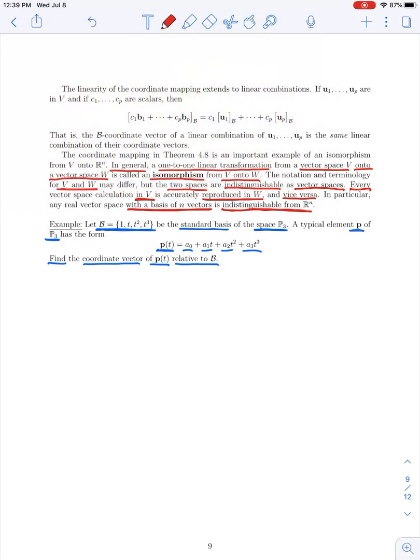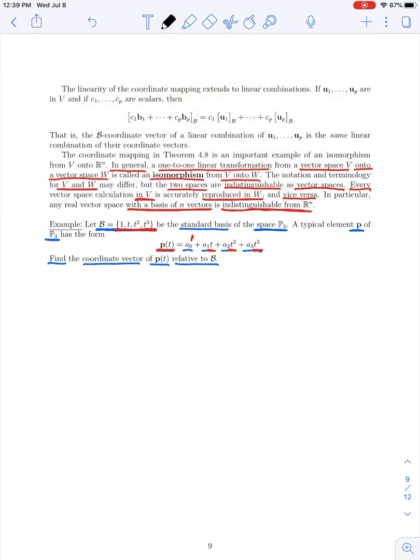So here we've almost immediately got our coordinate vector. We see that this polynomial, p of t, is a linear combination a0 times 1 plus a1 times t plus a2 t squared plus a3 times t cubed, where 1, t, t squared, and t cubed were our basis vectors for that space.